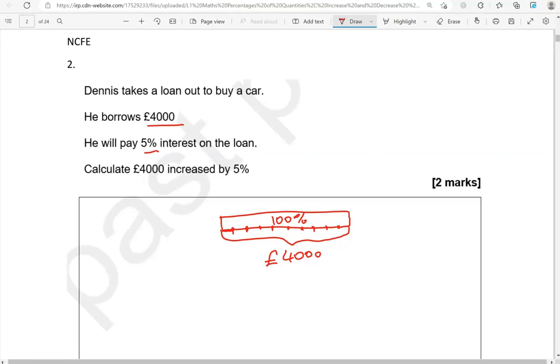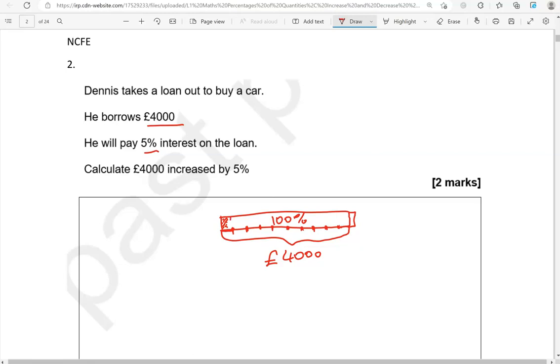So 10, 20, 30, 40, 50, 60, 70, 80, 90, 100. 5% is half of this. So that's going to go here, added on top as its increase. So the reason why I showed you this is that I can use the 10% method to work this out.